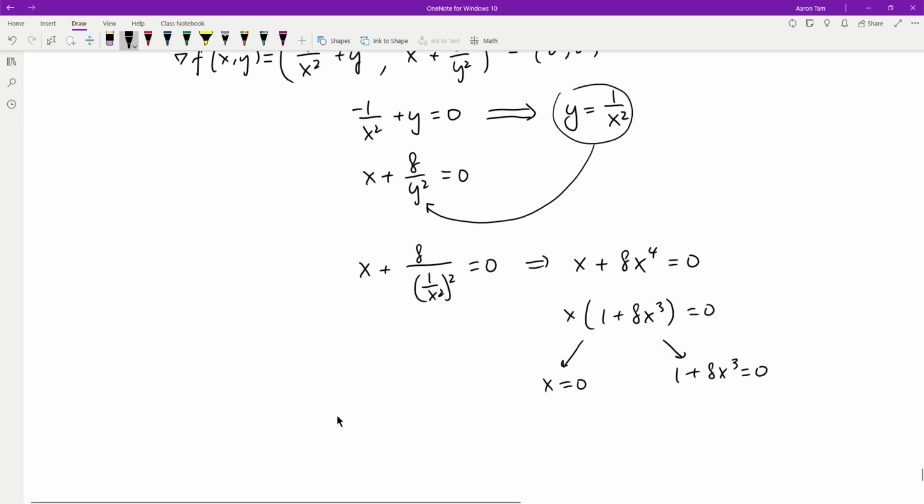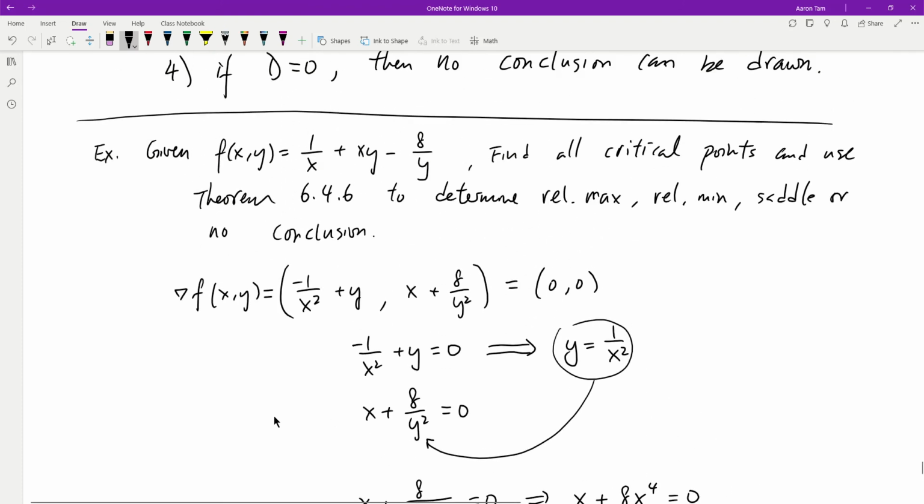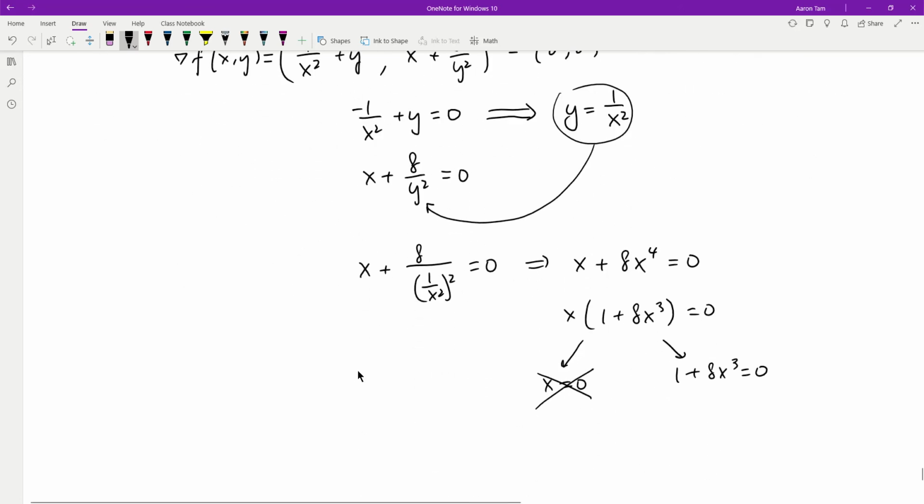First of all, x equal to 0 will be a reject, because our original function is not defined when x equals 0 because of the 1 over x. So that one is out. On the other hand, 8x to the third equals negative 1, x to the third equals negative 1/8, and x equals the cube root of negative 1/8, which is negative 1/2. That seems pretty good.